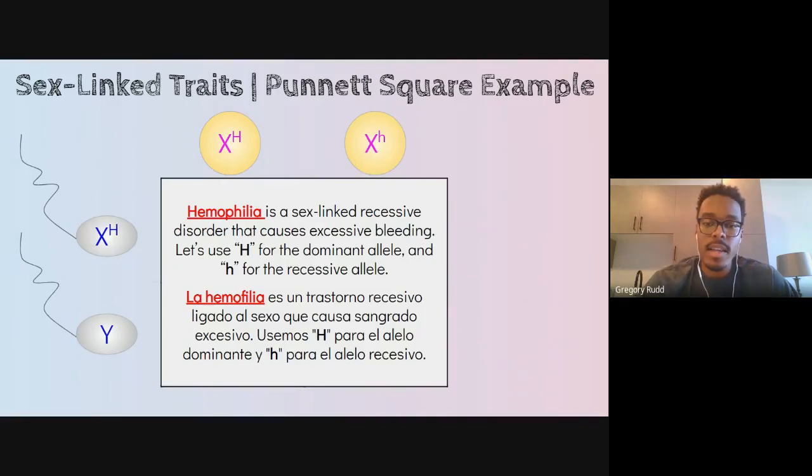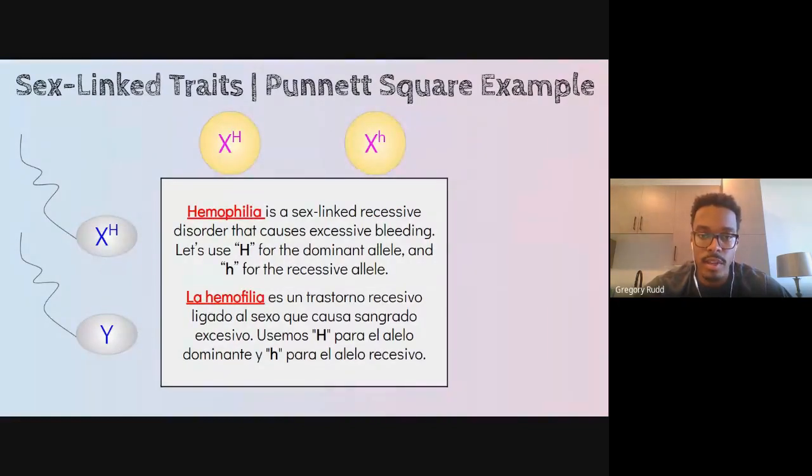So because this is a recessive disorder, that means that only certain people are affected by this actual disorder. Only homozygous recessive females can be affected, and only males with the recessive allele can be affected by it.